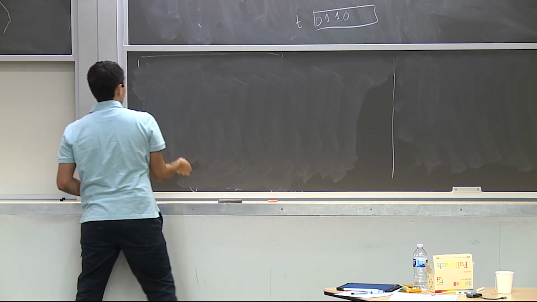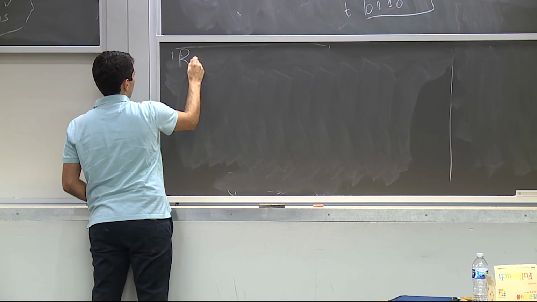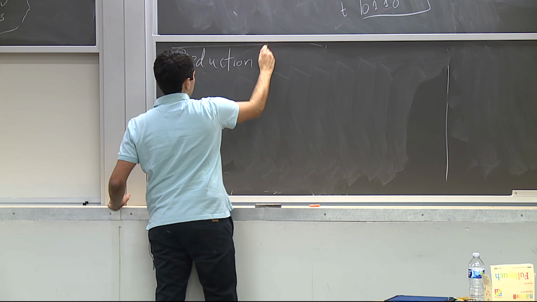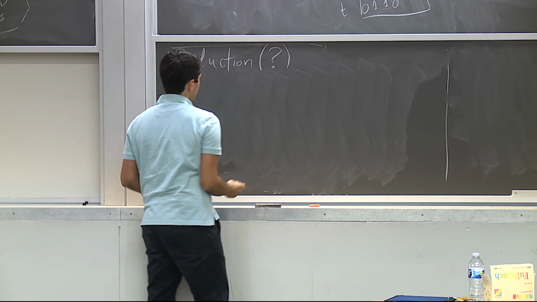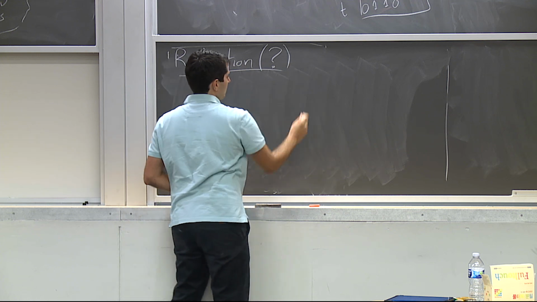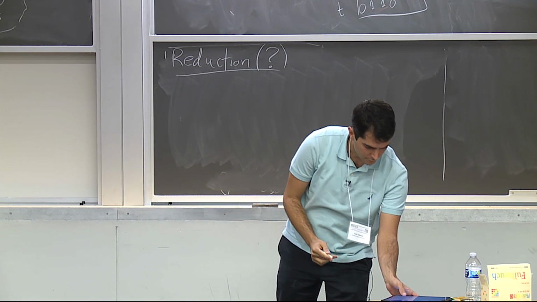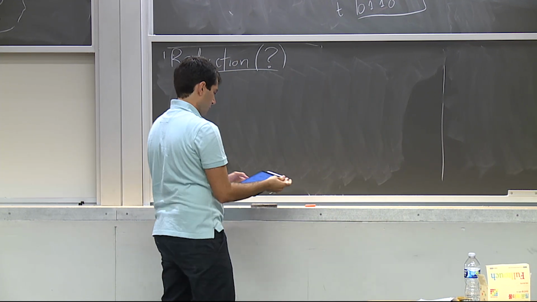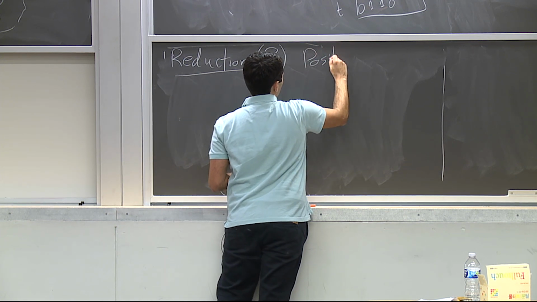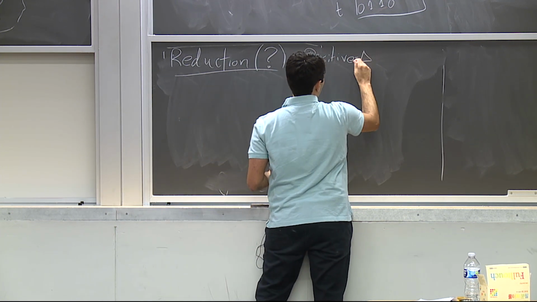Okay, so here's a reduction. Think about what's wrong with the reduction. This is from positive triangle to zero triangle.